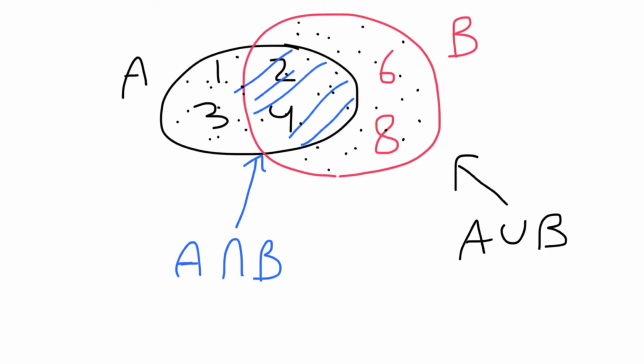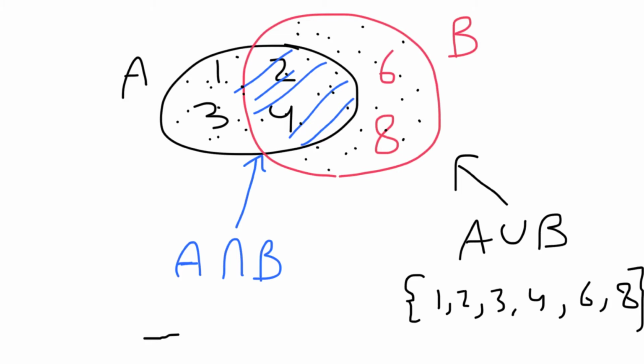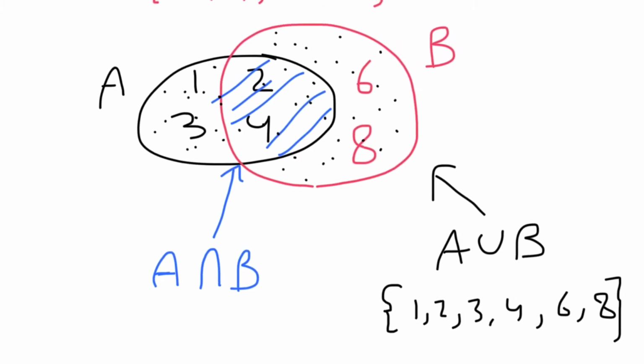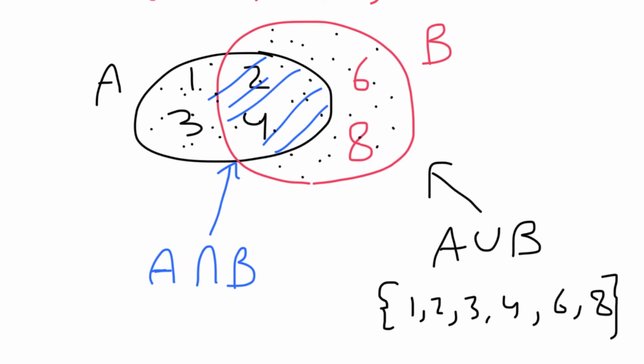So the union A union B will have 1, 2, 3, 4 and also 6 and 8. Everything. Okay? However, if I want to list the elements of the intersection, they are only 2 and 4.